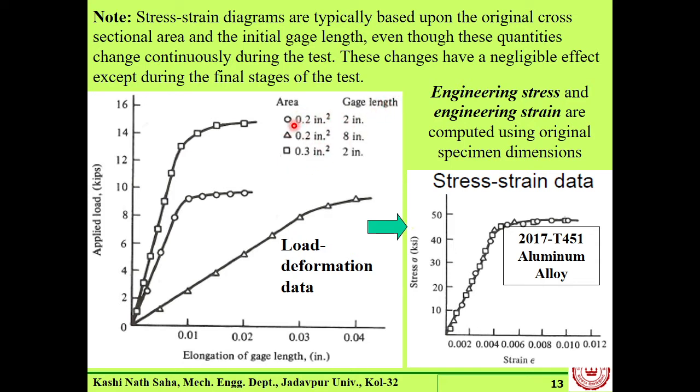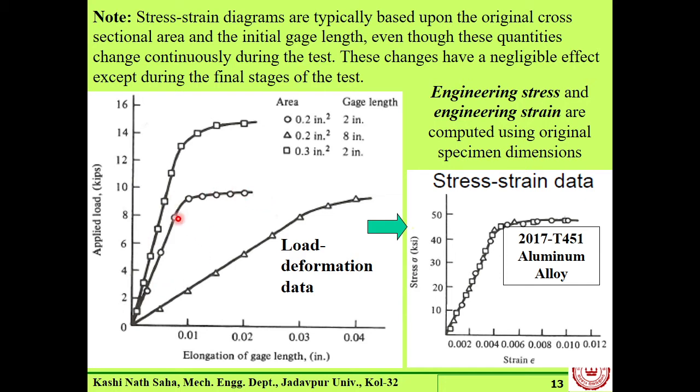The first one has 0.2 inch area, and here this is 0.3 inch. Although the first and third have the same gauge length, their diameters are different. So in such cases, the load deflection plots, load elongation plots, will be different. This is indicated here: the circle mark means this one, the triangle means this one.